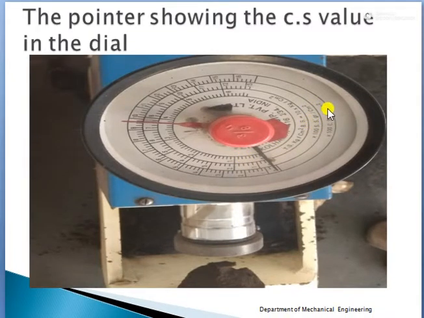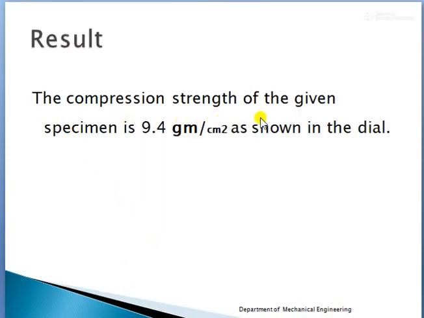This reading is the compression strength in gram per centimeter square. If you need it in kg, you can convert it. Here the compression strength of the given specimen is 9.4 gram per centimeter square as shown in the dial.